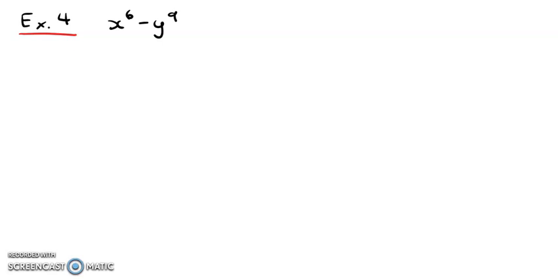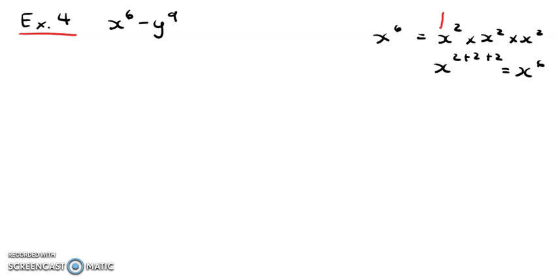If you look at this, you see x to the power of 6, that's the first term. We can express this as x squared times x squared times x squared, right? And because of our exponent laws, when we're multiplying all of these, we will be adding the exponents, so 2 plus 2 plus 2 gives you x to the 6, right? Well, basically, we have said that x squared, if we cube that, we get x to the 6.